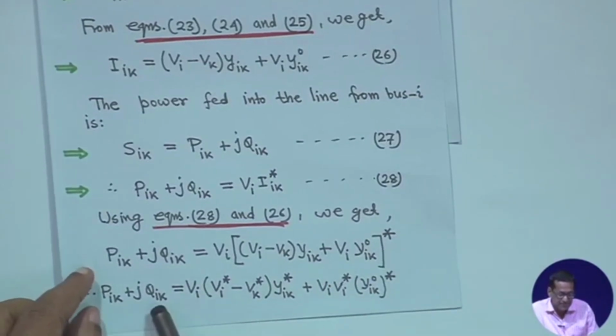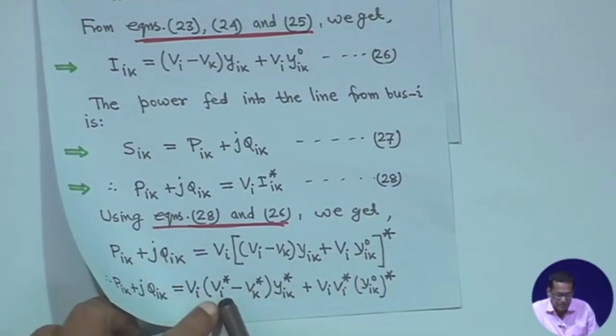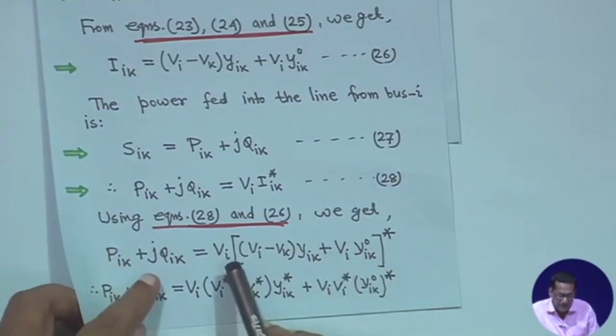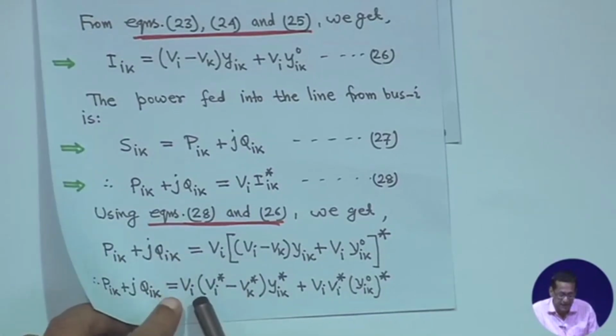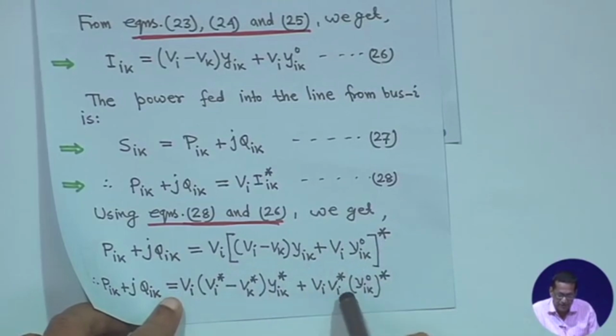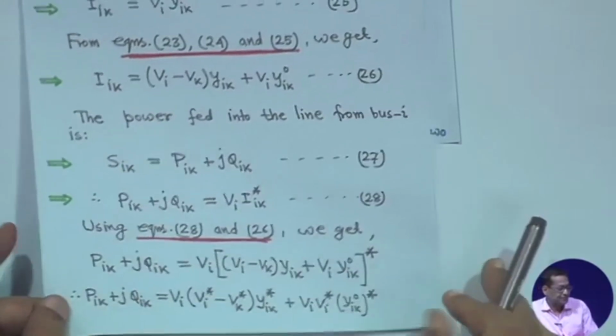That means P_ik plus jQ_ik is equal to V_i times, taking the conjugate, (V_i conjugate minus V_k conjugate) y_ik conjugate plus V_i conjugate y_ik0 conjugate, right.